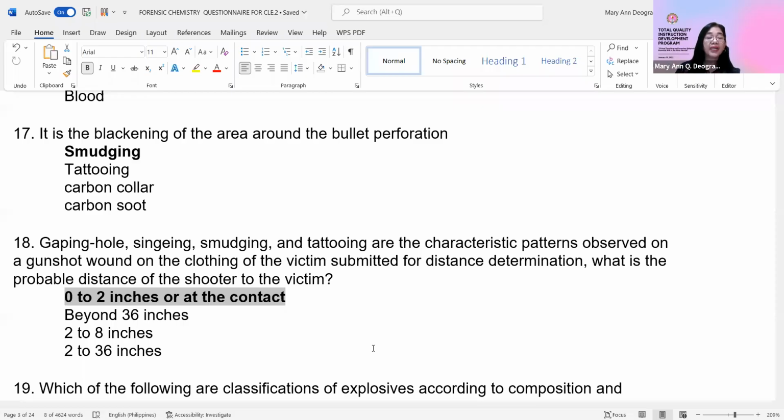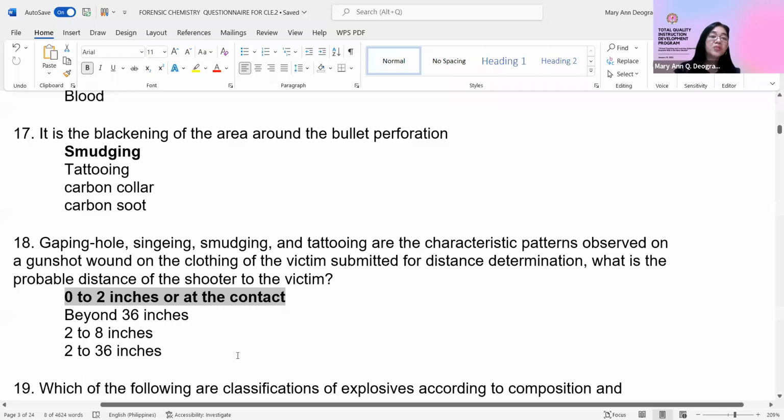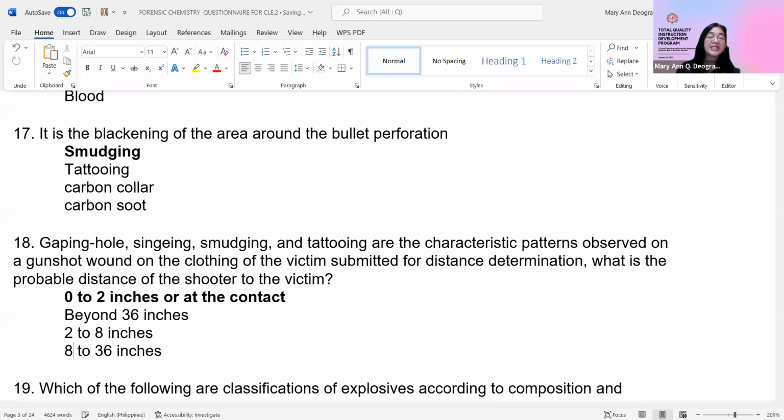Pag 2 to 8 naman, what we can see are smudging and tattooing. If it is from, supposedly, ito is from pag 2 to 36 or that should be 8 to 36 inches. Kasi nakina-classify natin yung, kasi yung 2 to 36, dalawang pang class sub-classification yan. We have 2 to 8, tapos 8 to 36.